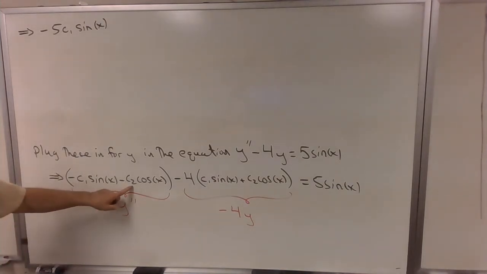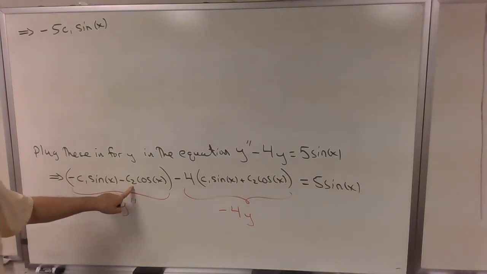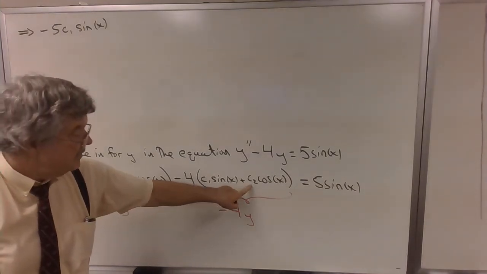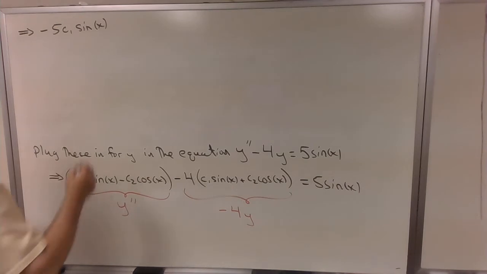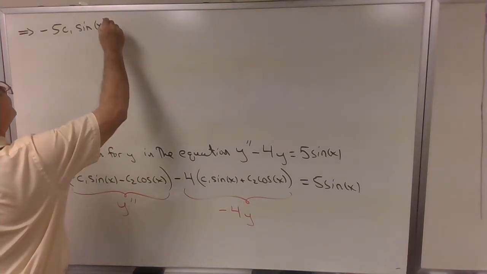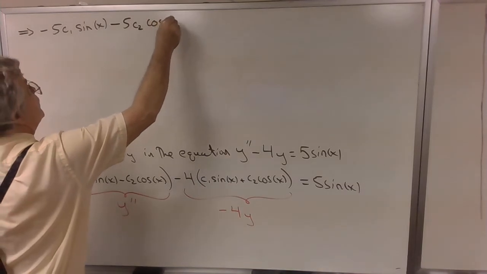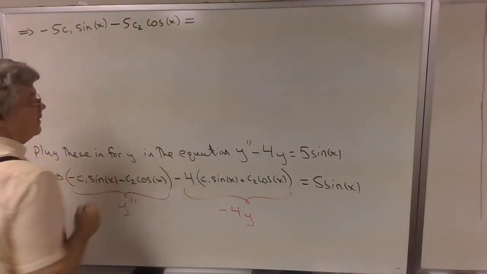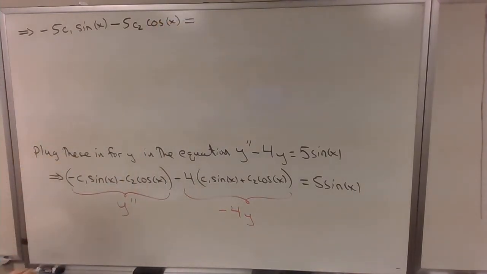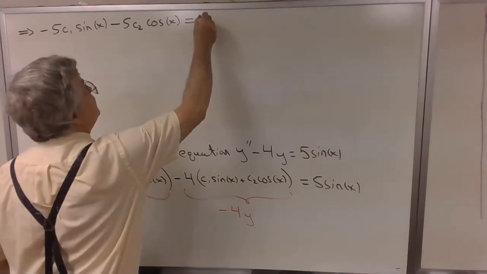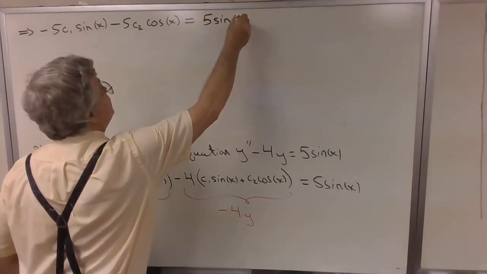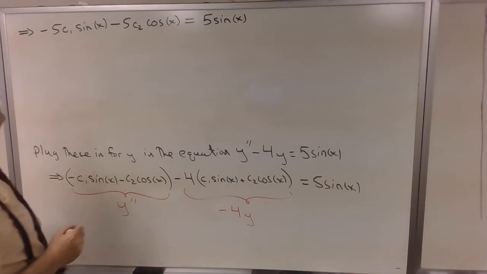And we have negative c2 cosine of x minus 4 c2 cosine of x. So that's negative 5 c2 cosine of x. And that's supposed to be equal to 5 sine of x.